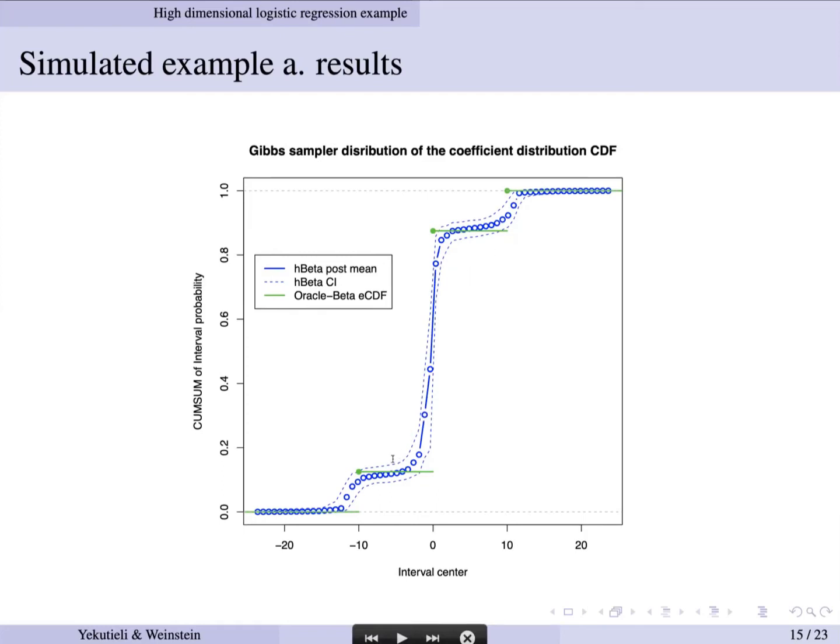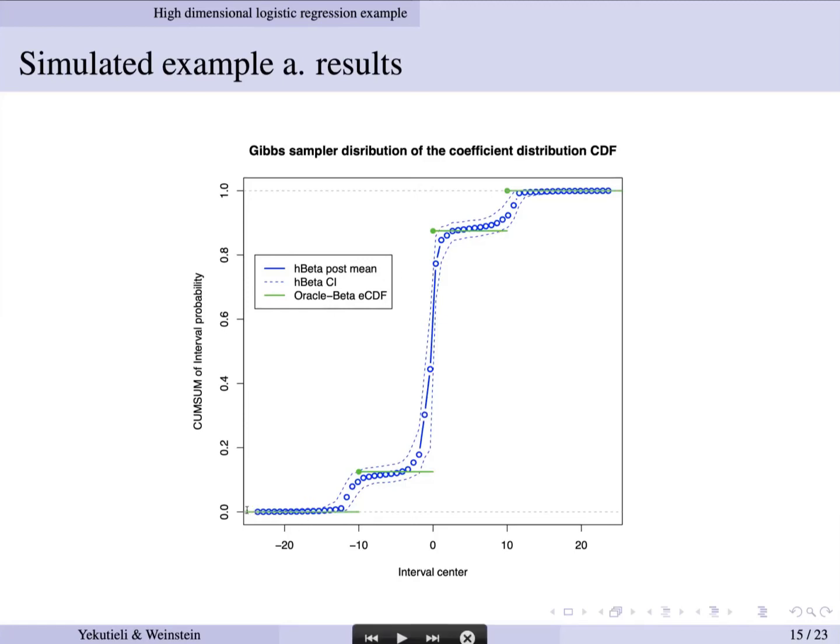So what do we have here? Remember case A of Candes and Sur: we have 100 minus 10s, 100 plus 10s, and 600 zeros. The green curve is the empirical CDF, the oracle empirical CDF. This is what we call our beta oracle, okay?